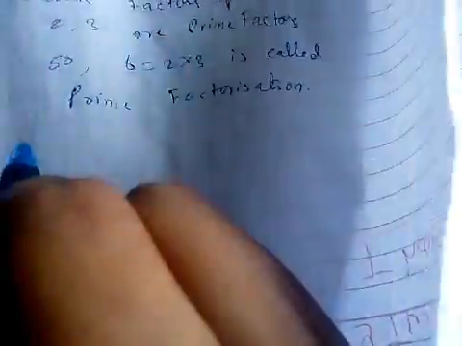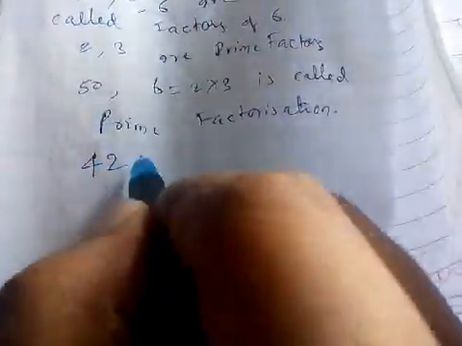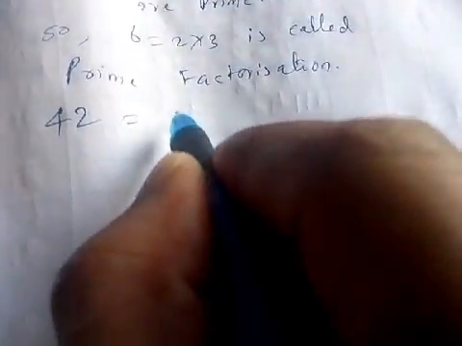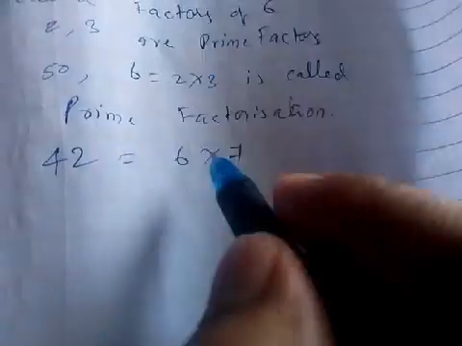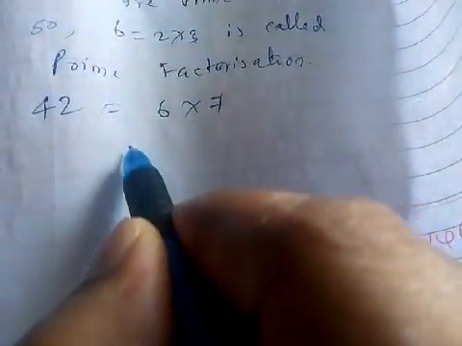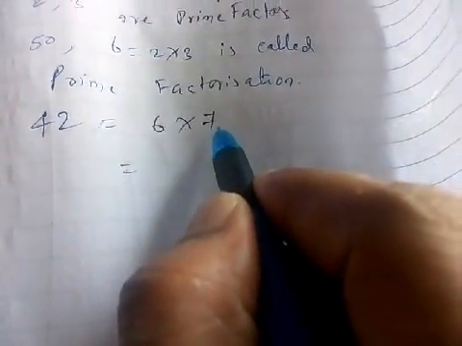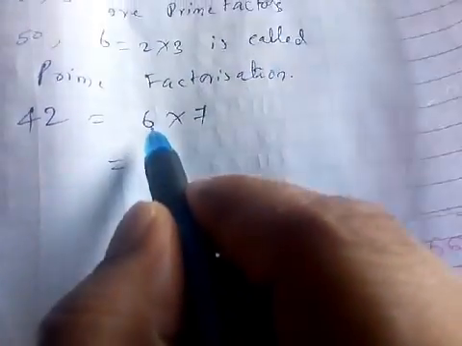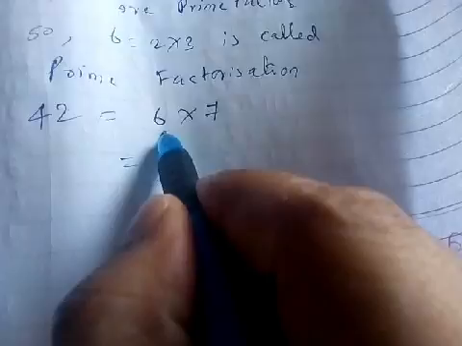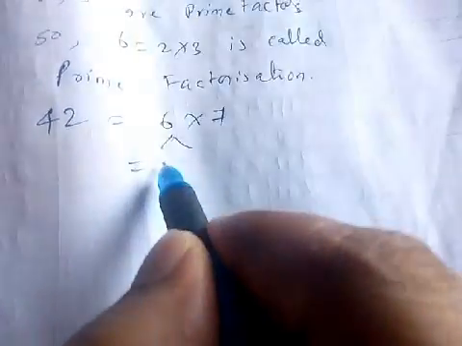Now let us take one more number, 42. So 42 can be written as 6 into 7. Here 7 is a prime number, 6 is not a prime number. So I am writing this 6 as a product of two prime numbers.